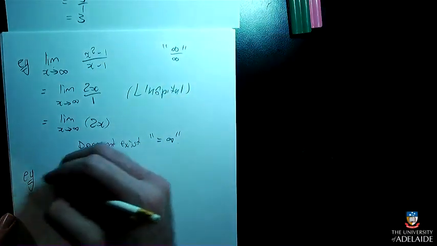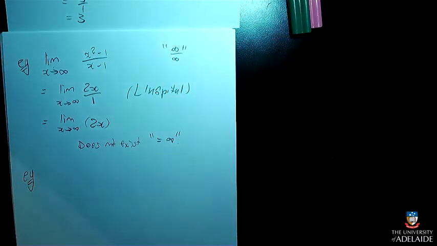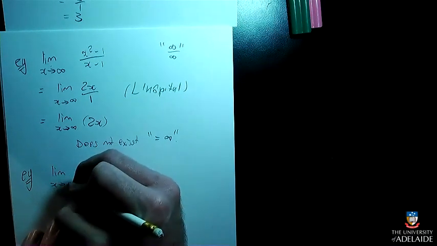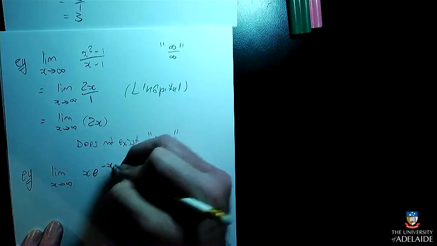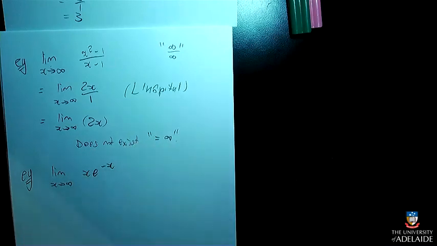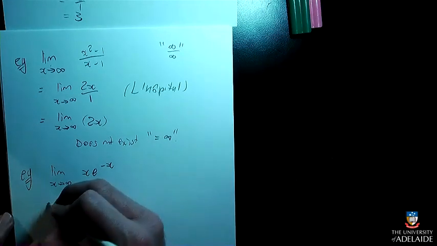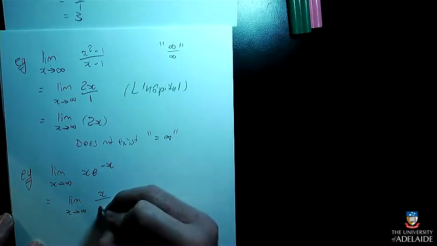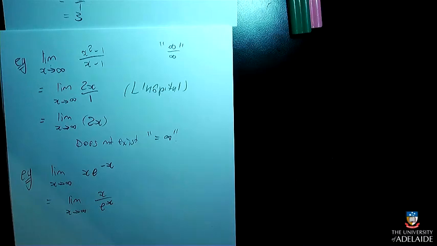So one of the classics is when it doesn't look like a fraction at the moment. I mean, this is not very far from looking like a fraction, but you usually want to make it look like a fraction so that you can use L'Hopital's rule. Well, e to the minus x is 1 over e to the x.